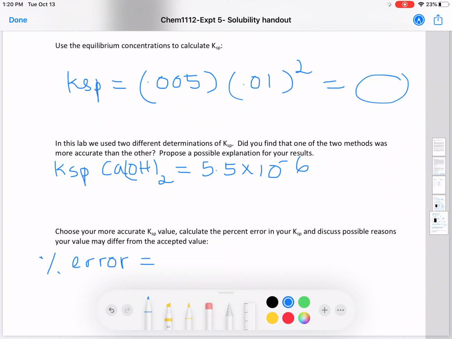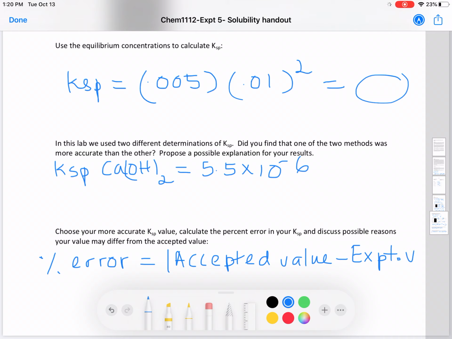Percent error: you take the absolute error and then you divide it by the actual value times 100. And how do you calculate the absolute error? Absolute error is the accepted value, which is the literature value, 5.5 times 10 to the minus 6, minus the experimental value.